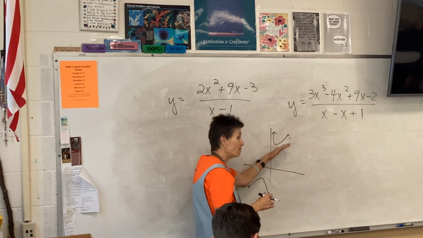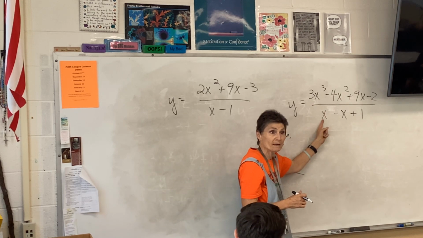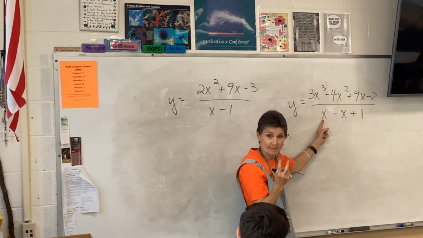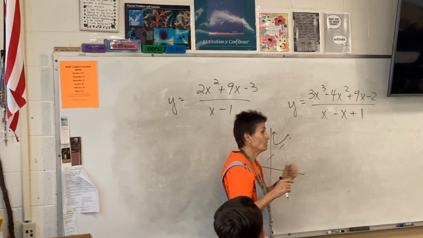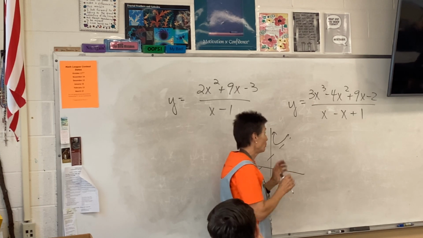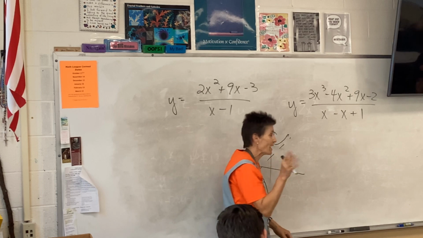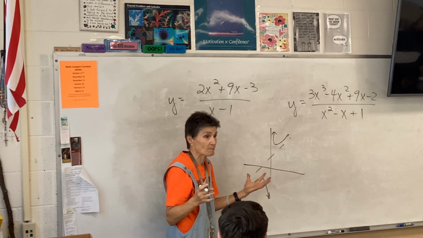But instead of being a linear asymptote, guess what that asymptote would be? A parabola. Because the difference in the degrees is 2. So you would have some kind of funky looking shape where the ends of the picture were guided by a parabola. That's not part of our course, but you can have asymptotes of all shapes.